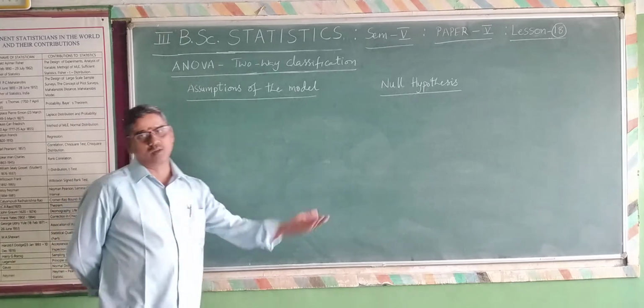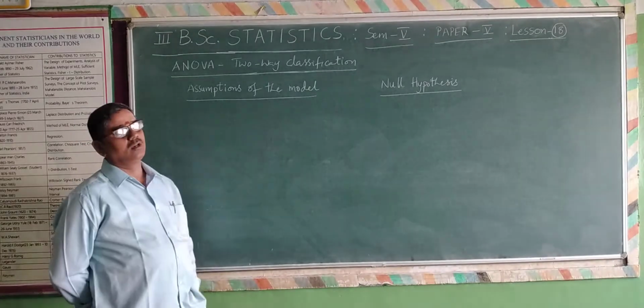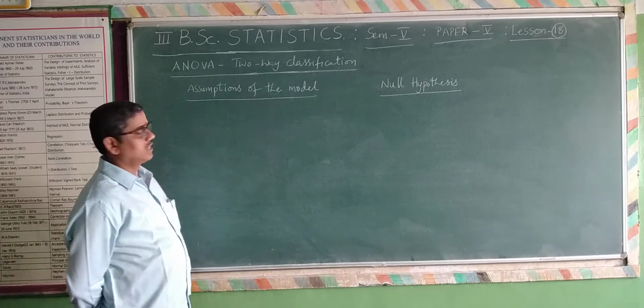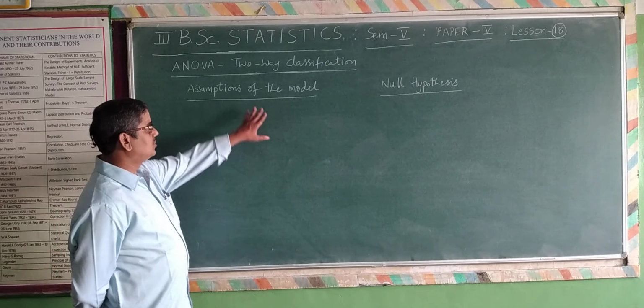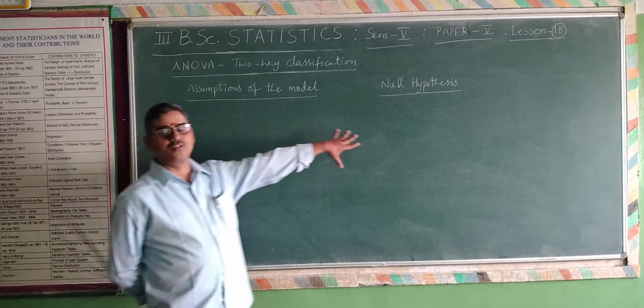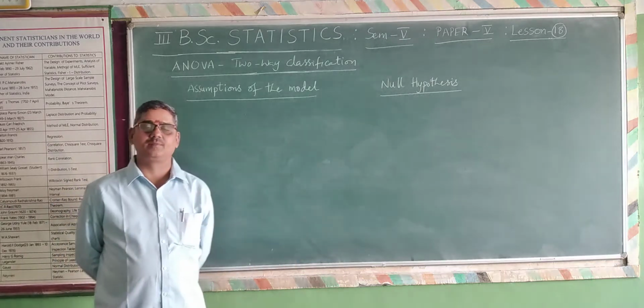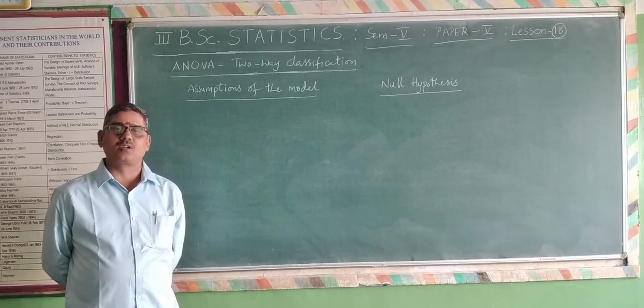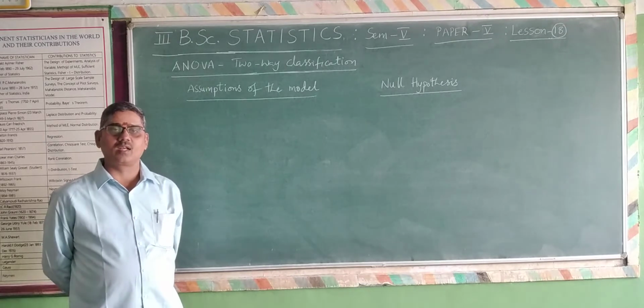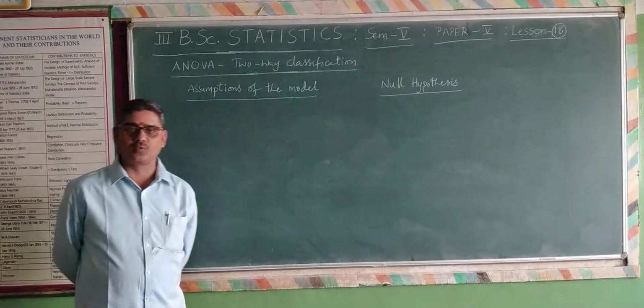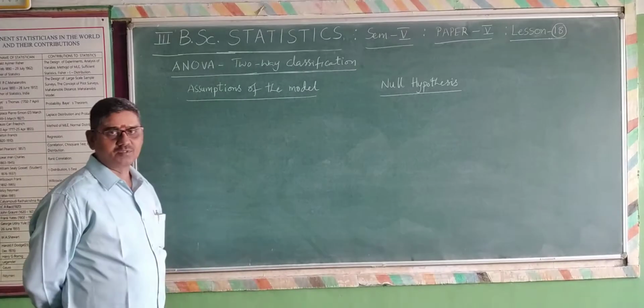We are discussing two-way classification, in which now we discuss in this lesson the assumptions of the model and the null hypothesis, the two particular parts of two-way classified data. For two-way classification, what are the assumptions?